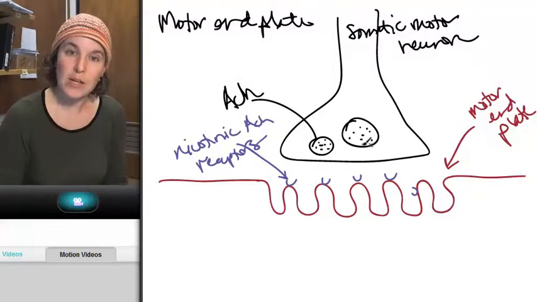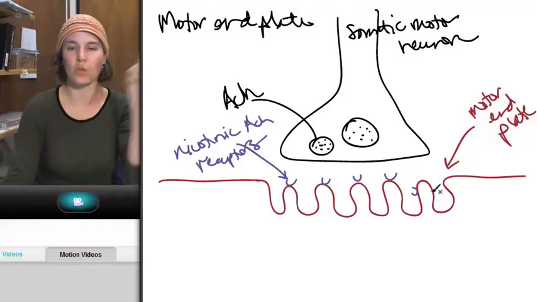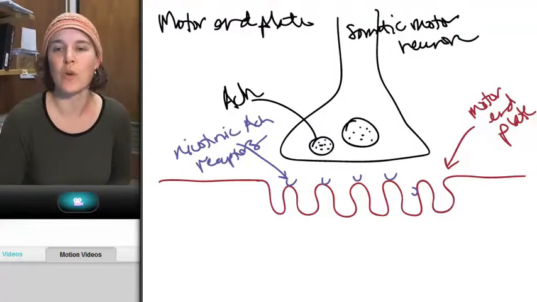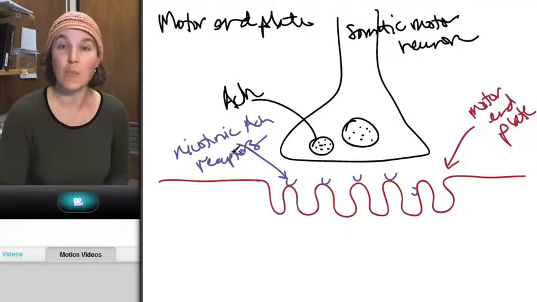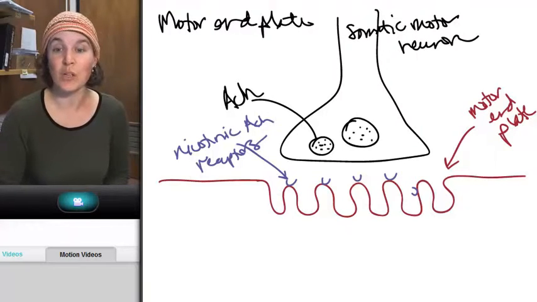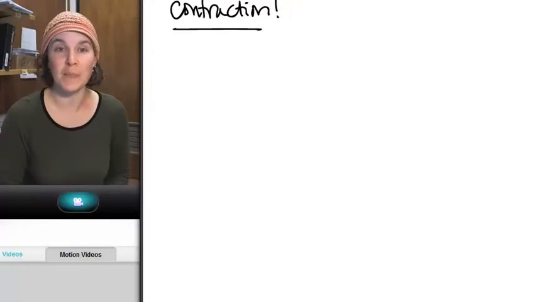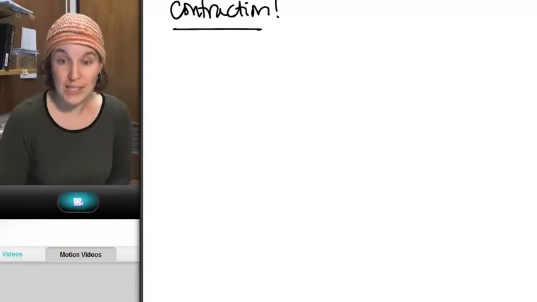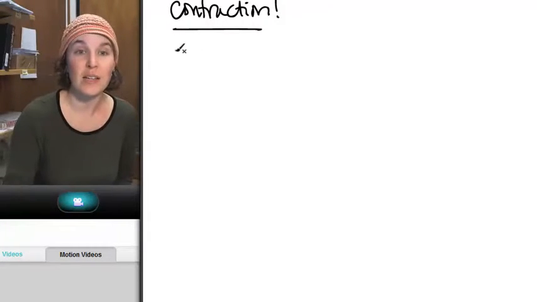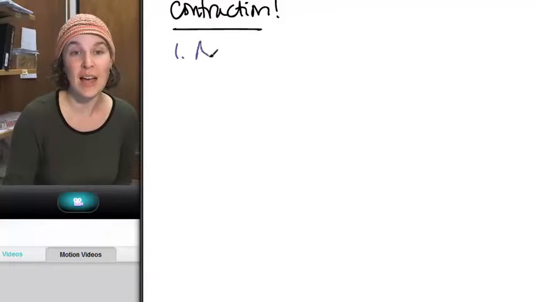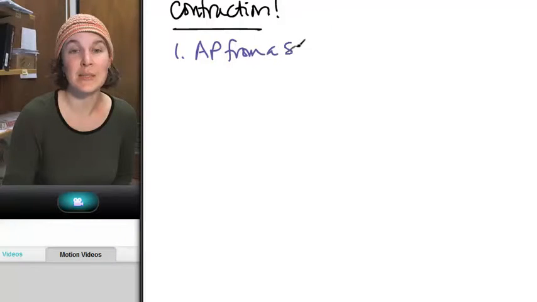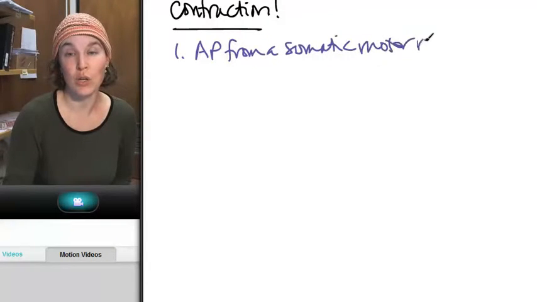Now, dump the acetylcholine. So let's go back and we'll do our contraction from start to finish. I'm probably going to come back to this visual so that we can imagine what's happening. The first thing that has to take place if we are going to have a skeletal muscle contraction is we need to have an action potential from a somatic motor neuron.